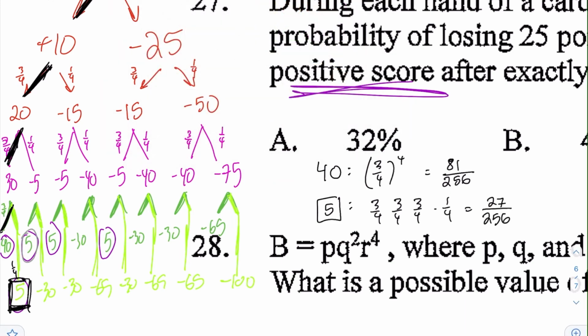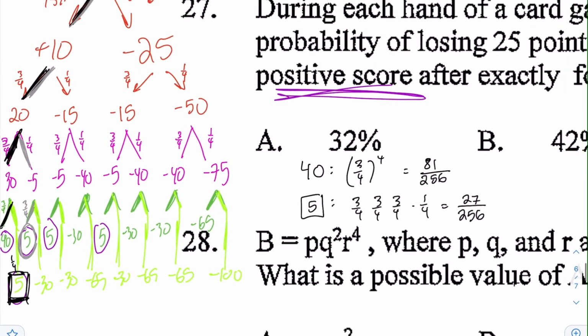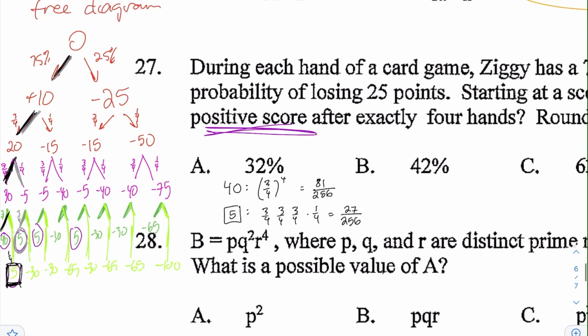And then for the next 5, you have 3/4, 3/4, 1/4, and then 3/4. You multiply 3/4 times 3/4 times 1/4 times 3/4.